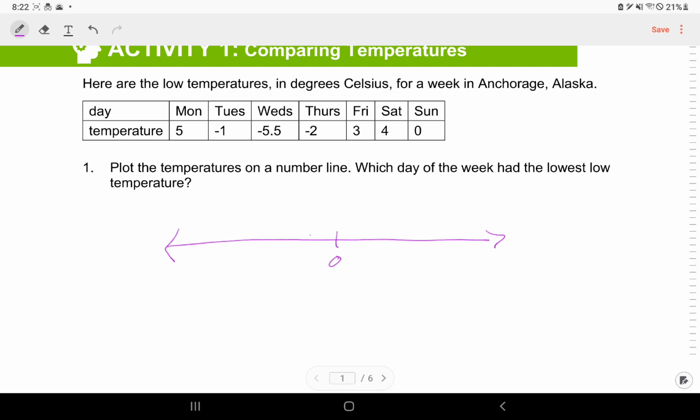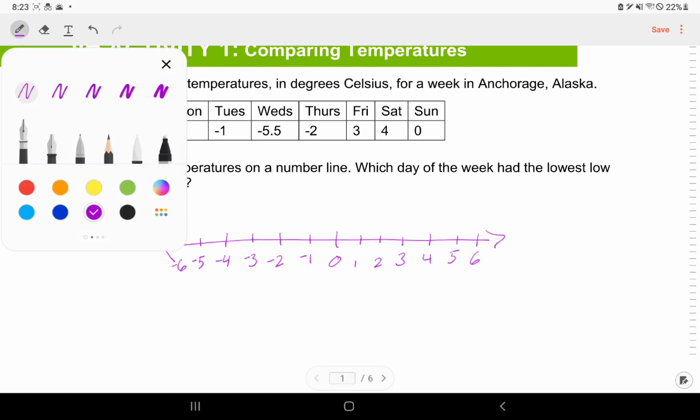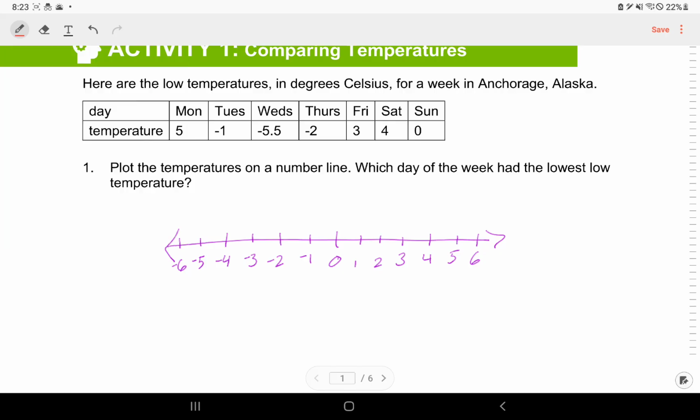So 0, -1, -2, -3, -4, -5, -6. 1, 2, 3, 4, 5, 6. Alright, well, Monday is 5. So I find 5 on the number line and I put a point.